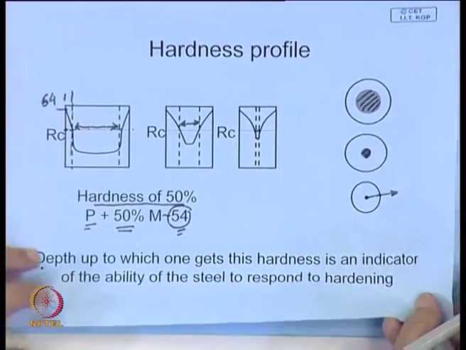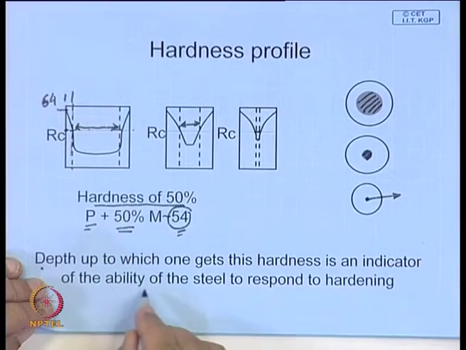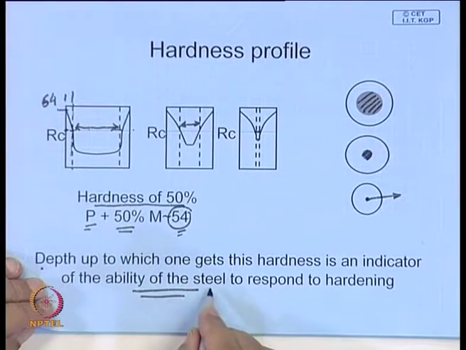You can say the depth of hardness is an indicator of the ability of the steel to respond to hardening, and this may be one definition of hardenability. Now, let us try to have a little more quantitative definition.